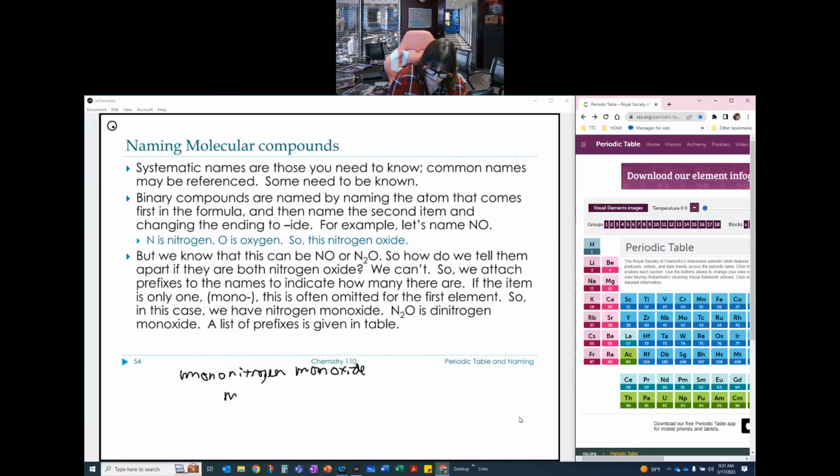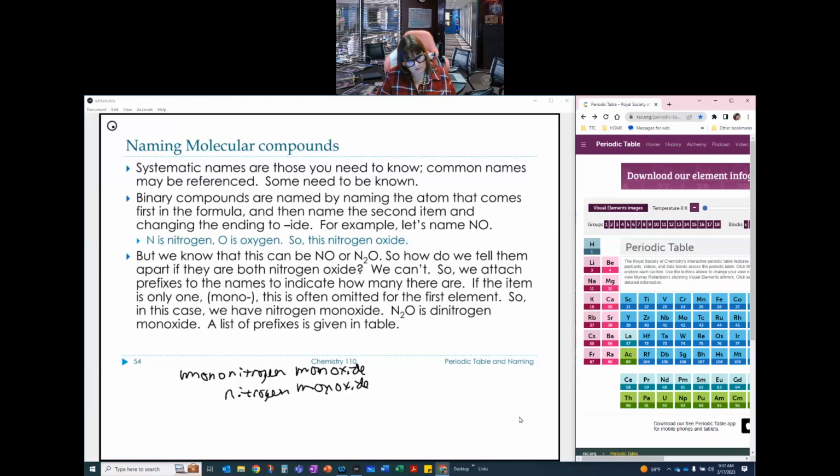I could just list this as nitrogen monoxide. And of course, I've taken off the second O because it sounds weird. So, but either one is perfectly fine. It is never wrong to indicate the mono in the front, but you are not required to do it. Okay. So if we were talking about N2O, that's dinitrogen monoxide.